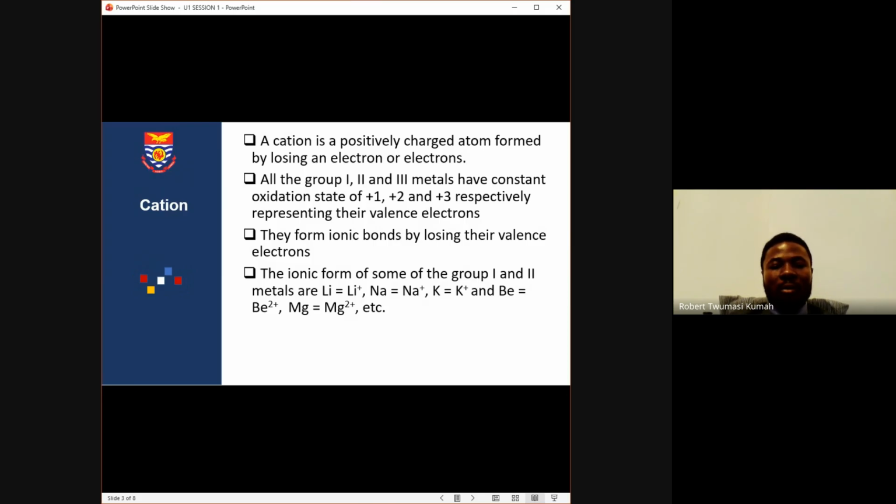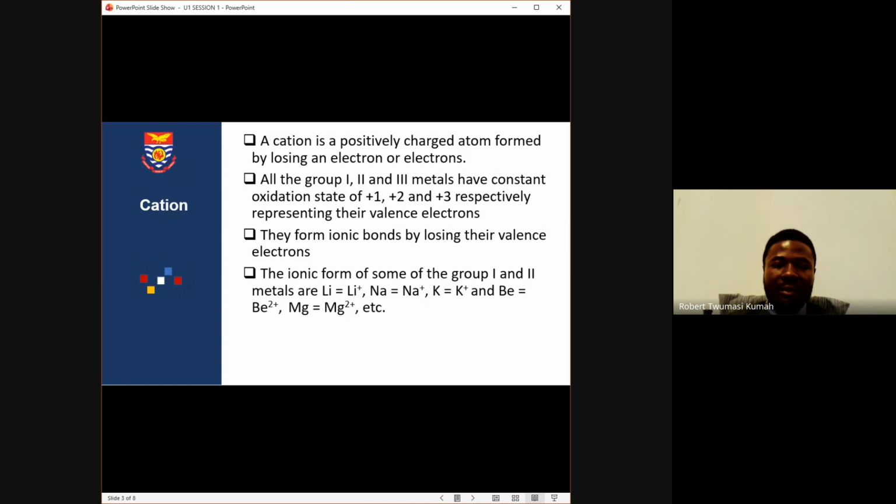The ionic forms of some of the group 1 and group 2 metals are like lithium. A lithium atom forms an ion of Li+, is in group 1, and so we expect just plus. We cannot write 1+, we can only write the plus.